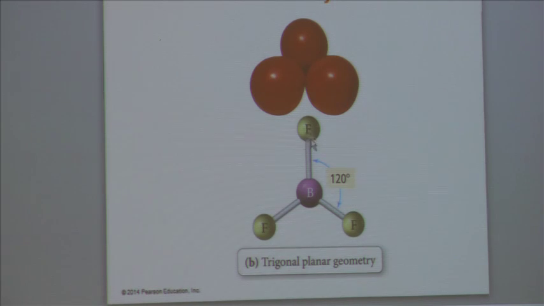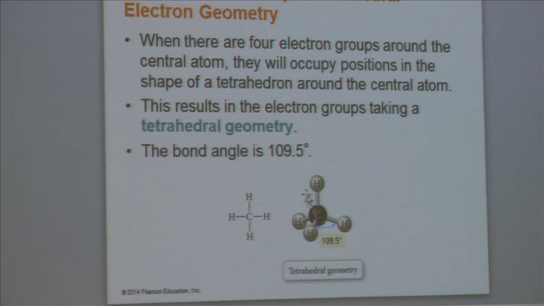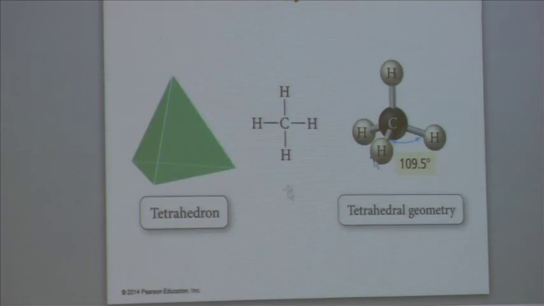Trigonal, so you have a triangle, planar, on the same plane. Or we could have a tetrahedral geometry, which we learned in chapter 4. Instead of being on the plane at 90 degrees, the angles are actually 109.5. And we call that the tetrahedral geometry.